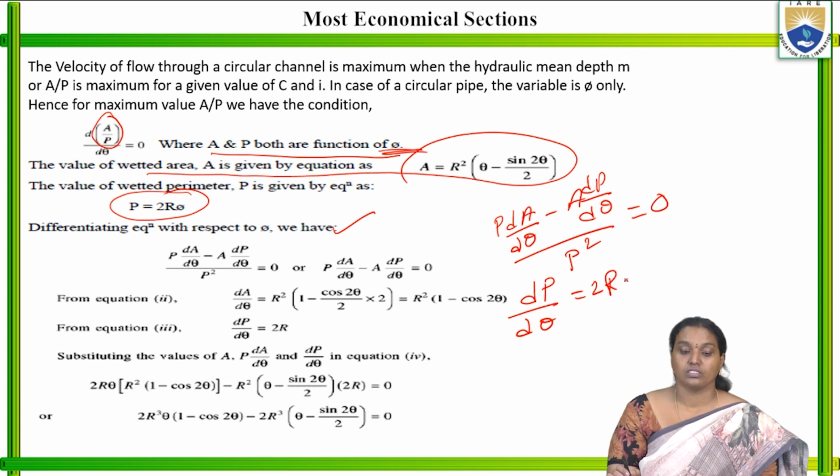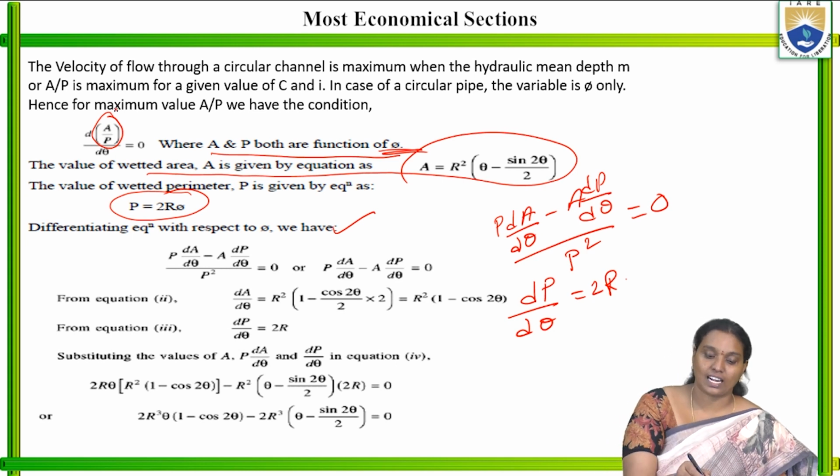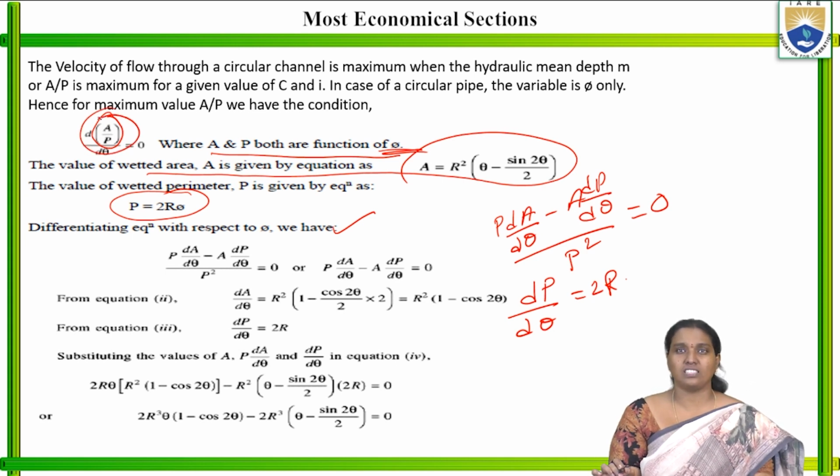The velocity of flow through a circular channel is maximum when the hydraulic mean depth m, or A by P, is maximum for a value of C and i. In case of a circular pipe, the variable is theta only. Hence, for maximum velocity of A by P, we have this condition.